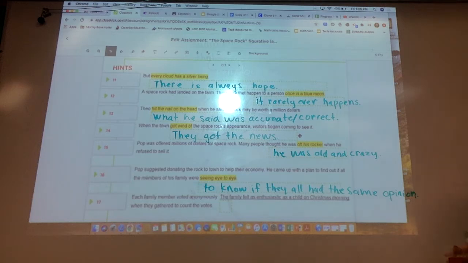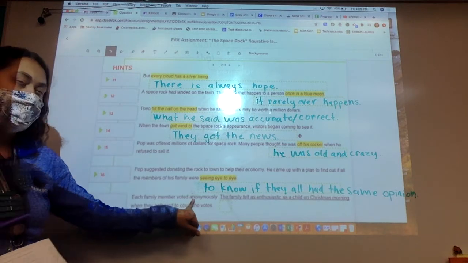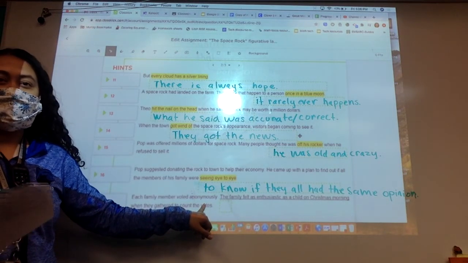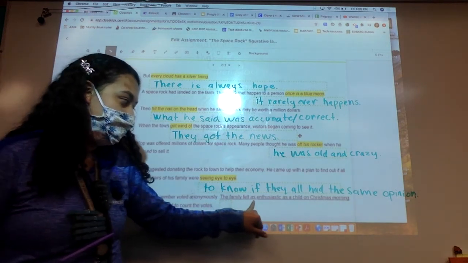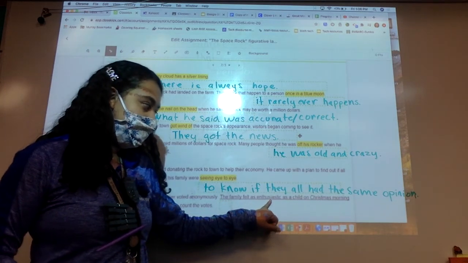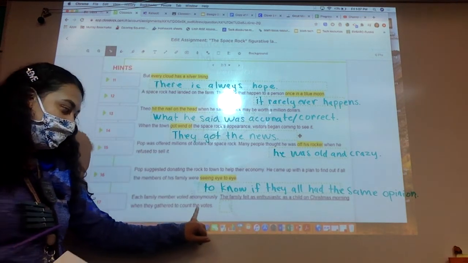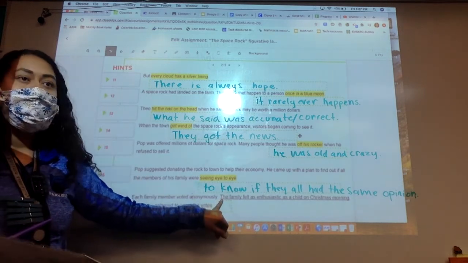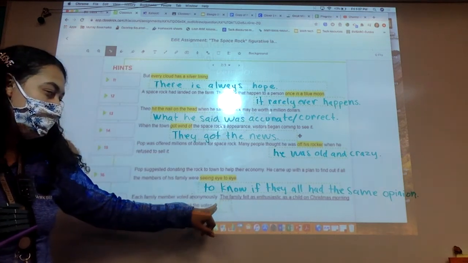Okay, next one. Each family member voted anonymously. You know what anonymously means, right? Like secretly. The family felt as enthusiastic as a child on Christmas morning when they gathered to count the votes. Okay, so simile or metaphor? Simile, because it has as.